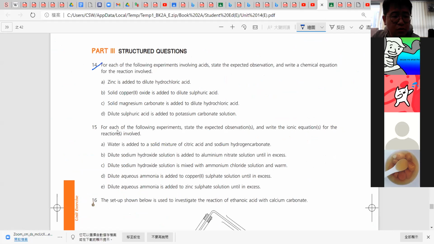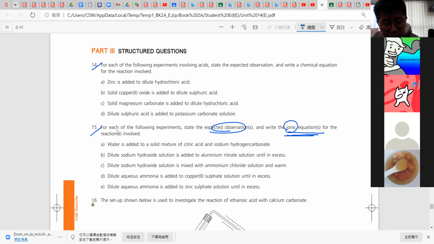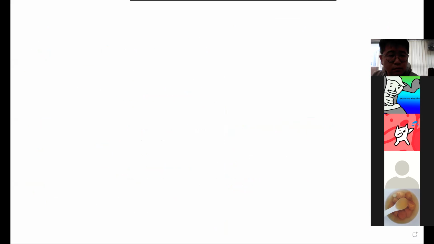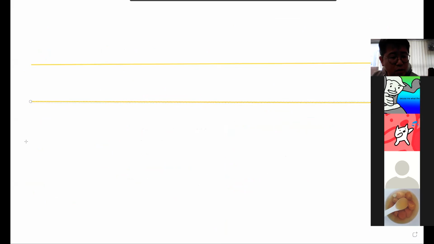Similar case, while this time we look for the expected observation and ionic equation. Remember, you check for the ionic equation for the following 1, 2, 3, 4, 5. I have 5 questions here. Observations, ionic equations. Okay, 1, 2, 3. So again, I invite the students here to continue doing this part.